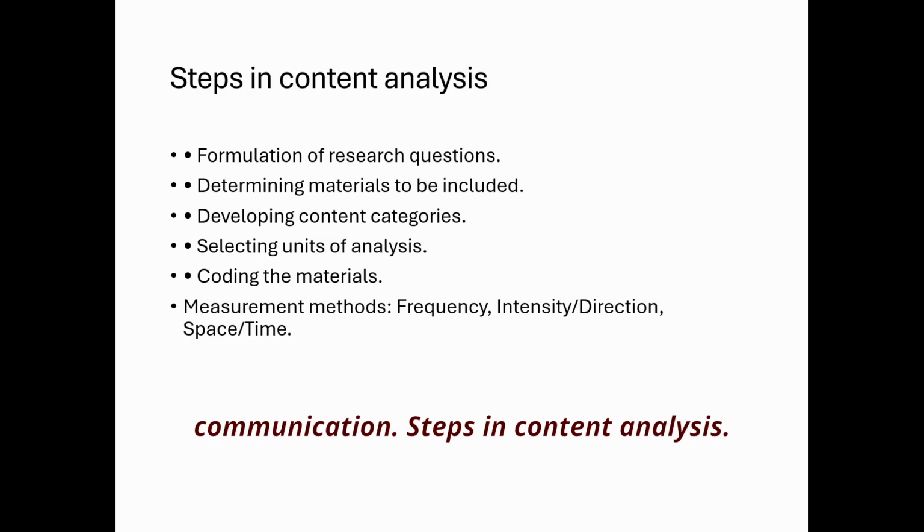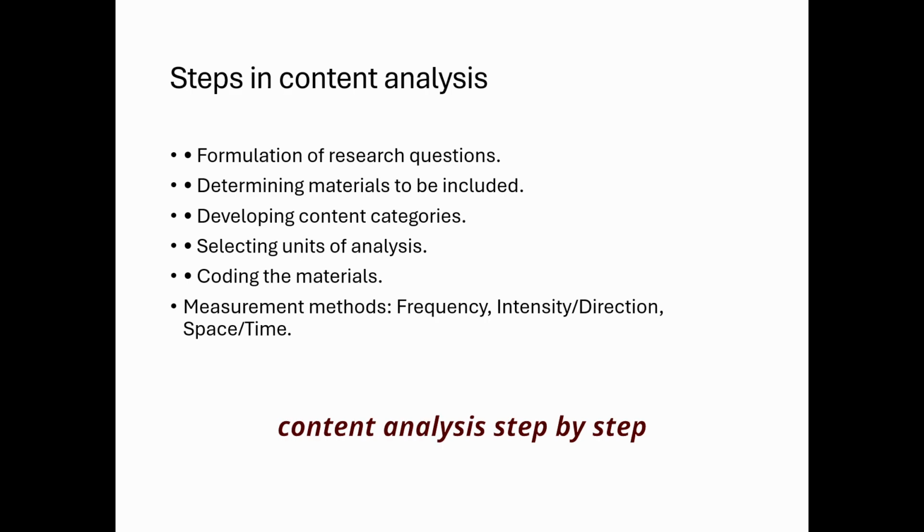Steps in content analysis. Here's how we usually do content analysis step by step. One, formulate research questions. Decide what you want to study. Two, select materials, like newspapers, interviews, TV programs. Third, develop categories.